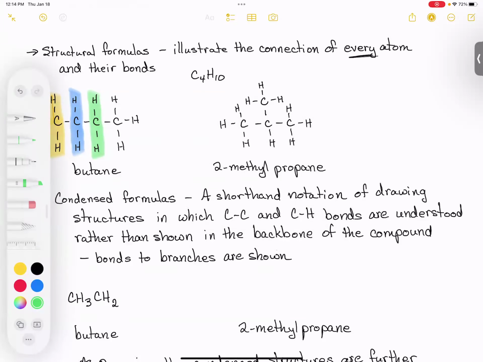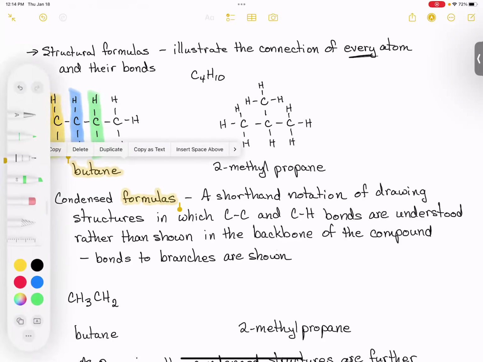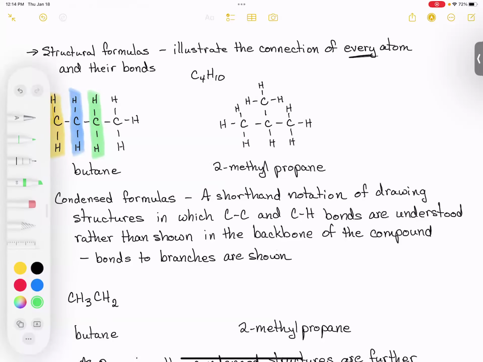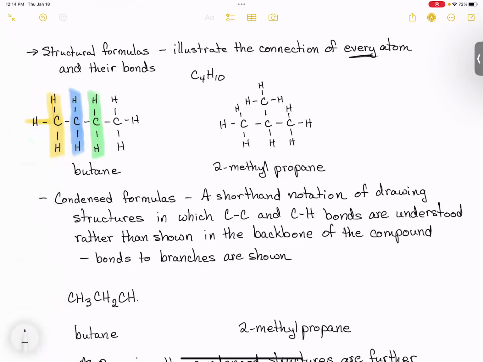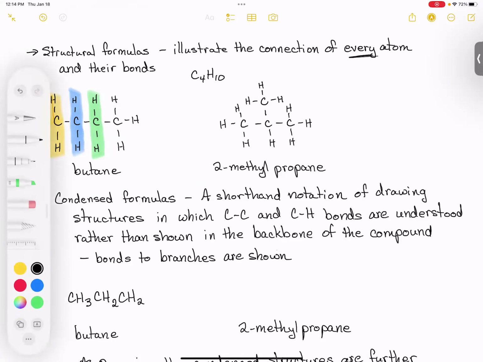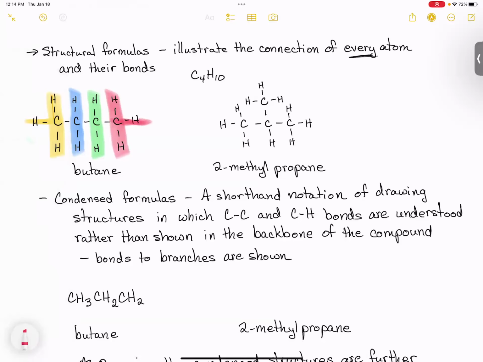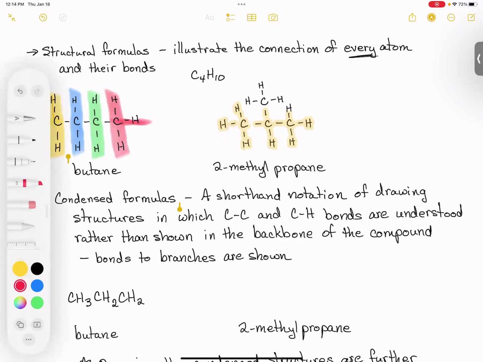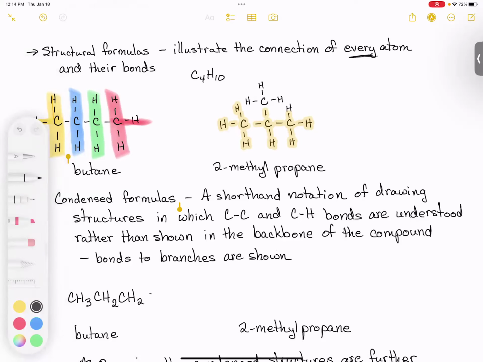So we would write that as CH2. And the last one has 3 hydrogens attached to it. And so we would write it as CH3. This would be the condensed formula for butane.